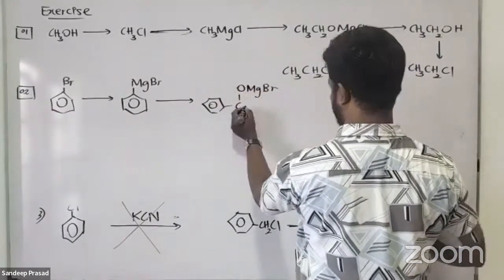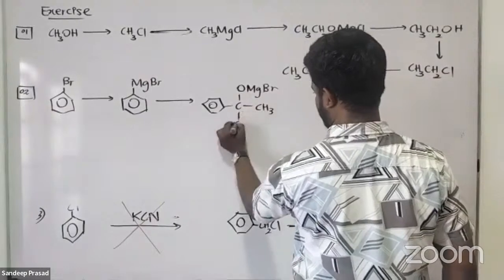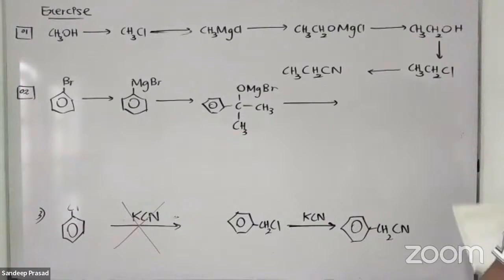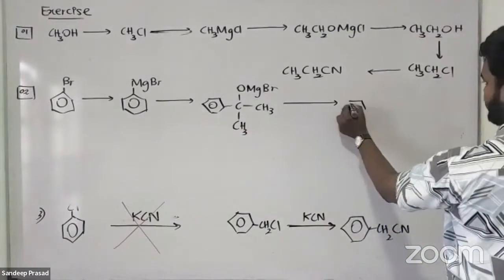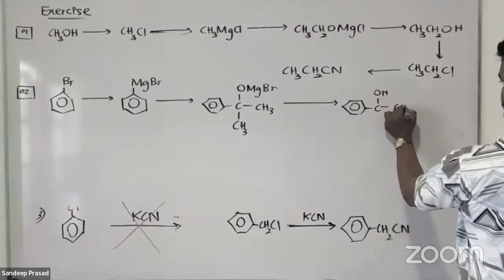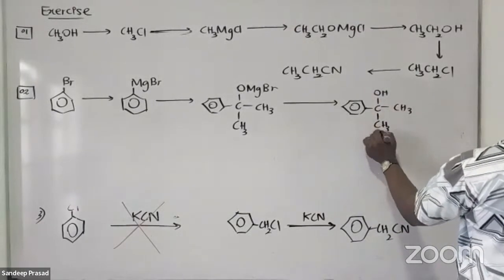And we have added a ketone, then you will have this compound. So you have to find it. What is the compound that we have added? And this is converted to OH. CH3 CH3.